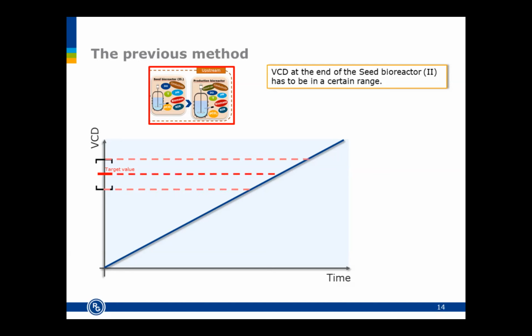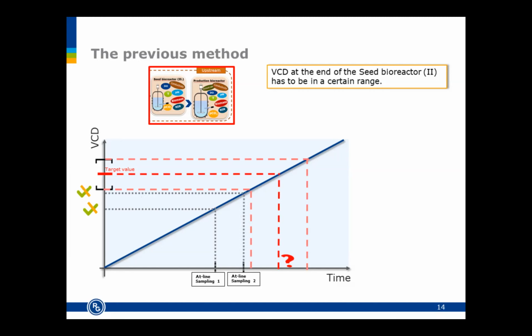For this, we used to take a sample every X hours, and we checked the at-line measured VCD value. If it is outside of the predefined range, then we need to take another at-line sample. But if it is inside the acceptance range, then the seeding can start. So this is basically a time estimation method.